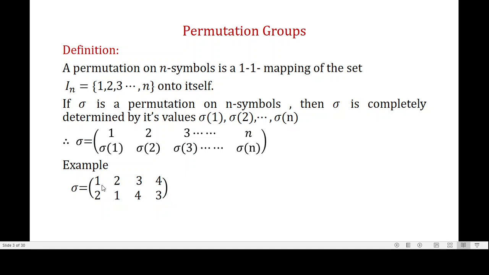How many elements are there? 4 symbols or 4 elements, 1, 2, 3, 4, which maps 1 on 2, 2 on 1, 3 on 4, 4 on 3. That is, image of 1 is 2, image of 2 is 1, image of 3 is 4, image of 4 is 3. So this is a permutation.